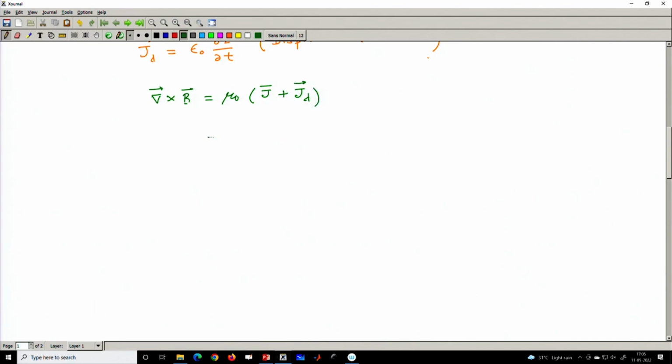So I can write that the curl of B is mu 0 J with the addition of mu 0 epsilon 0 del E by del t.